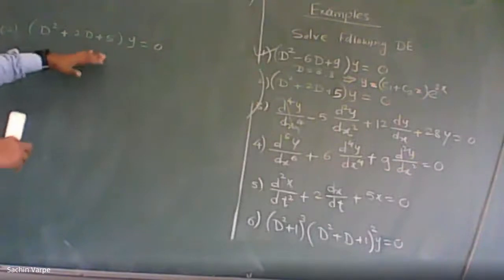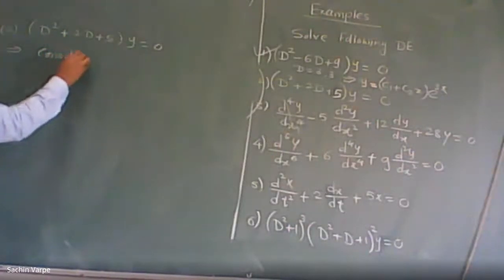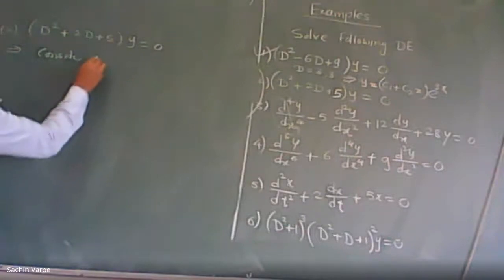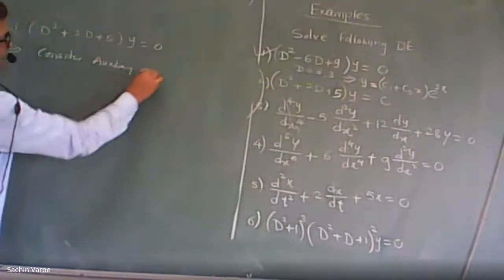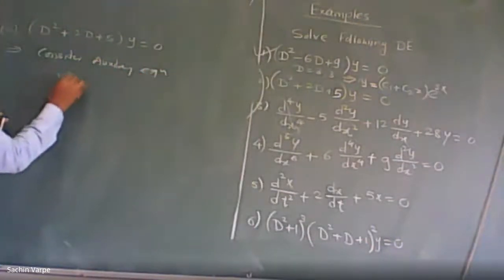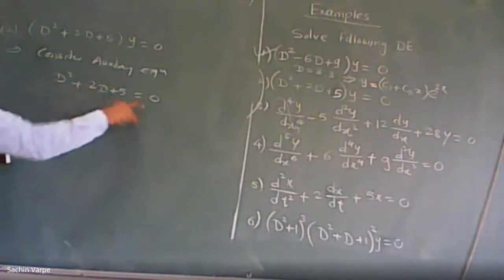Now, to get the roots, we consider its auxiliary equation, that is, d square plus 2d plus 5 is equal to 0, that is phi of d equal to 0.